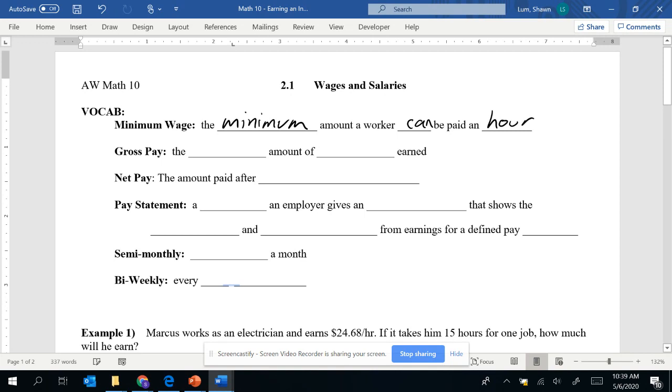Most of you probably have jobs where you're paid an hour, and there is a guideline that says this is the minimum that you are legally allowed to pay someone per hour.